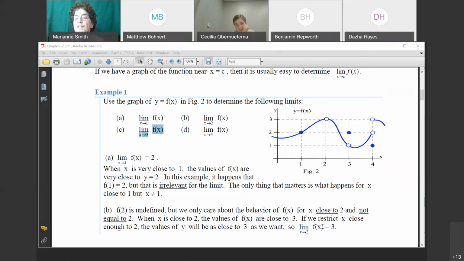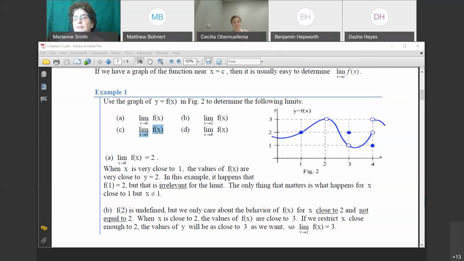Remember, you've got to check from both sides. All right, so again, the y values are approaching 1. You're absolutely right. So what is f of 3? Is it the same number? No, you can tell it's not. It's this 2, this dot up here.